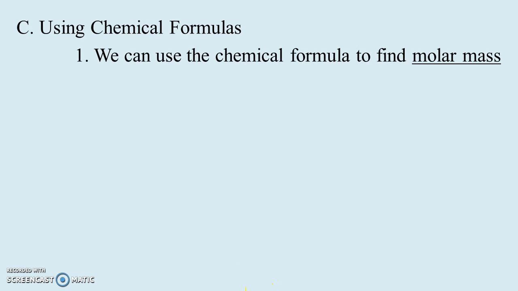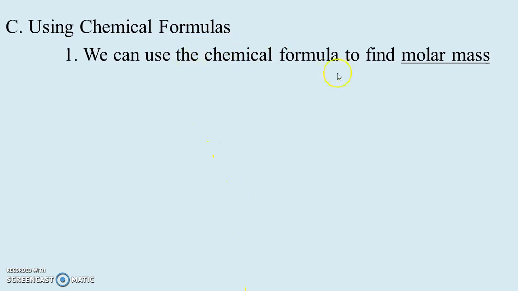And again, because it's a video, you can pause and write down the things that you miss if I'm going too fast. So let's talk about using these chemical formulas that we've spent so long learning how to create. One of the ways we can use these formulas is to find molar mass. We already learned how to do that.